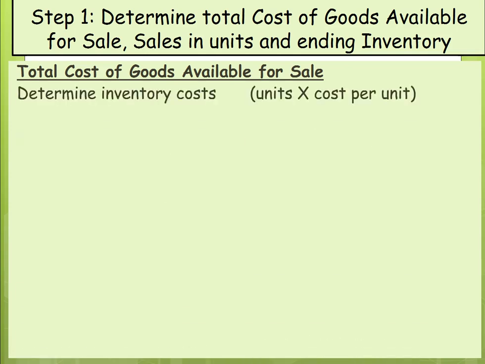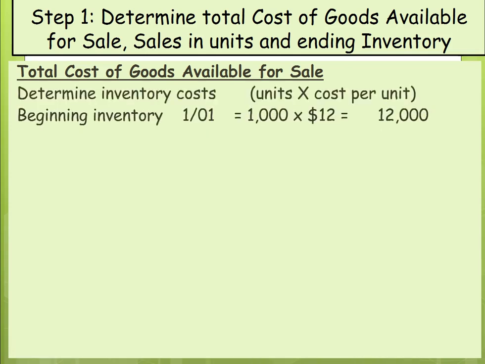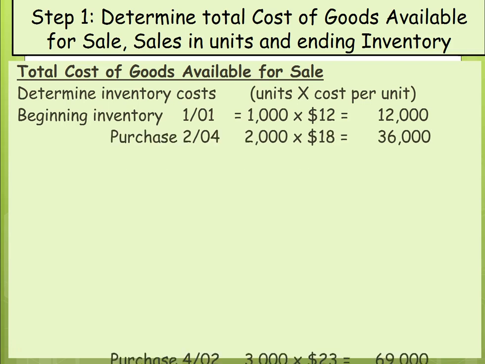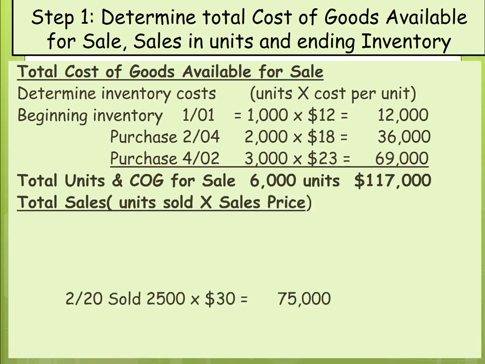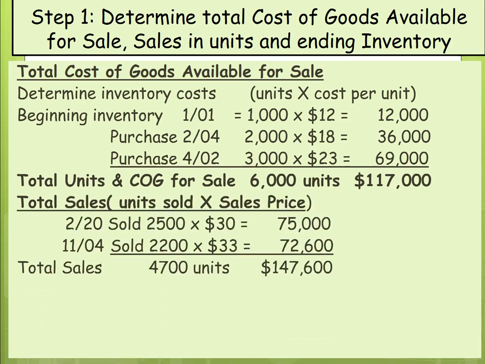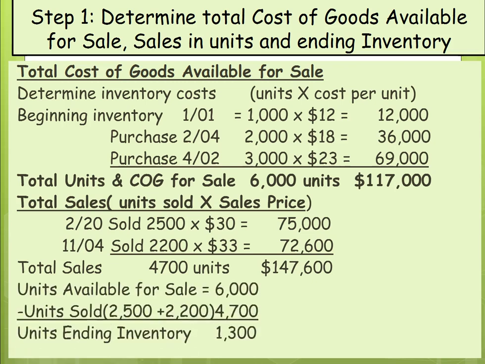So we're going to take each unit times the cost so that we can add those up and get our total cost of goods available for sale. We had 6,000 units we could have sold at a total cost of $117,000. We then figure out our total sales, which was $147,600, and we know we sold 4,700 units. Now we can figure out how many we had left in ending inventory, which is 1,300.